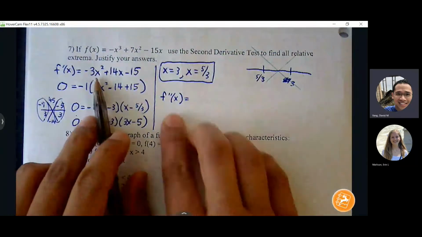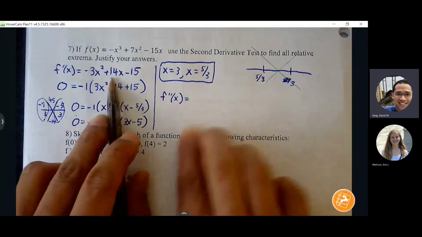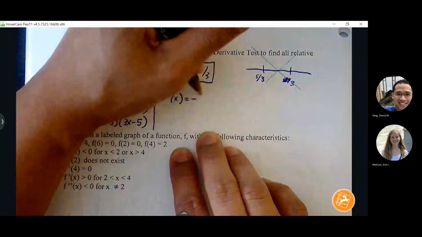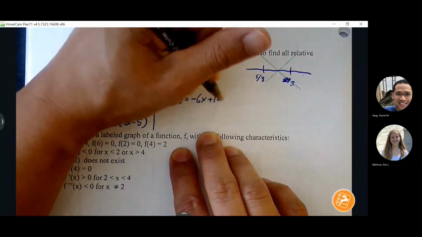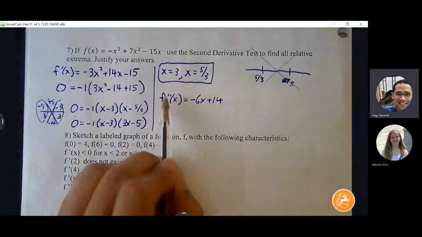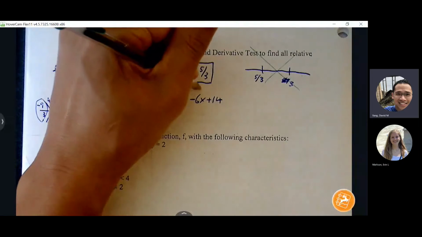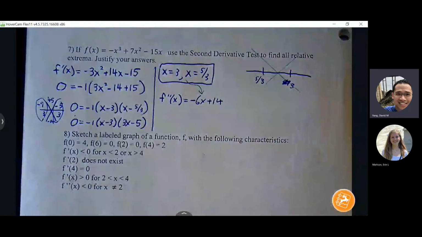So we go to our f prime, make our way down to the second derivative. I get negative 6x plus 14. And now I'm not going to set this equal to 0 because that's something else. I'm going to insert the 3 and 5/3 into the second derivative. And based off of the value that I get, I'm going to make my conclusion whether these points are max or min.